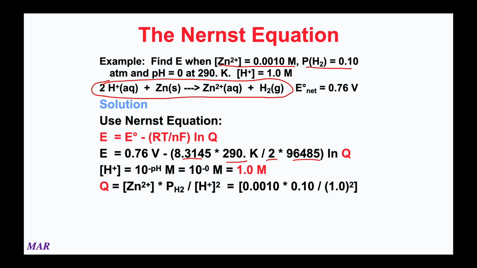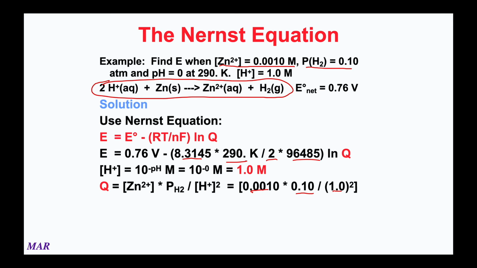So the Q then, products over reactants, is zinc 2 plus times the pressure of hydrogen divided by H plus squared. This is what they call a mixed equilibrium constant because you have pressures and concentrations, and that's okay for these kind of problems. Anyway, 0.0010, that's the zinc. Here's the pressure of the hydrogen gas. 1.0 moles per liter is the H plus concentration.